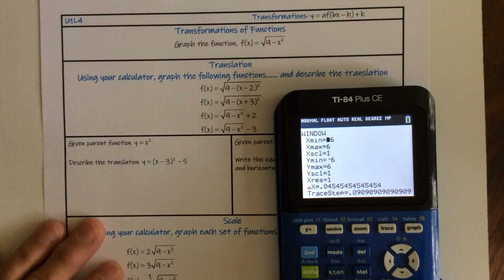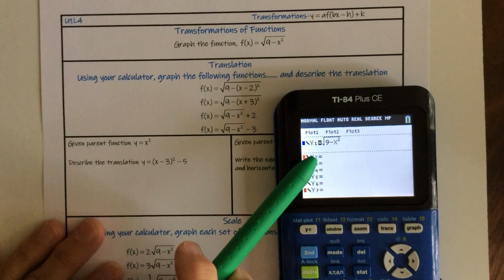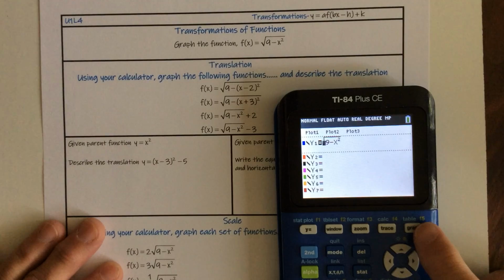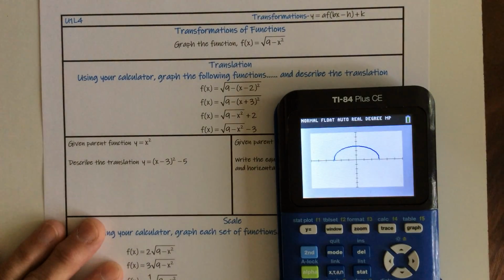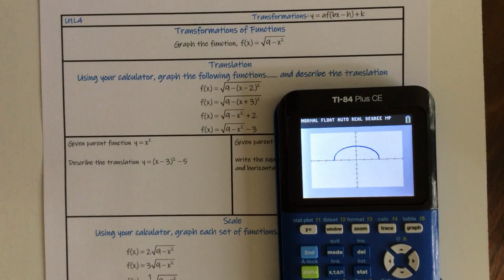Now that we have our window set and the function in y equals, we can press graph. You should see your graph being drawn.